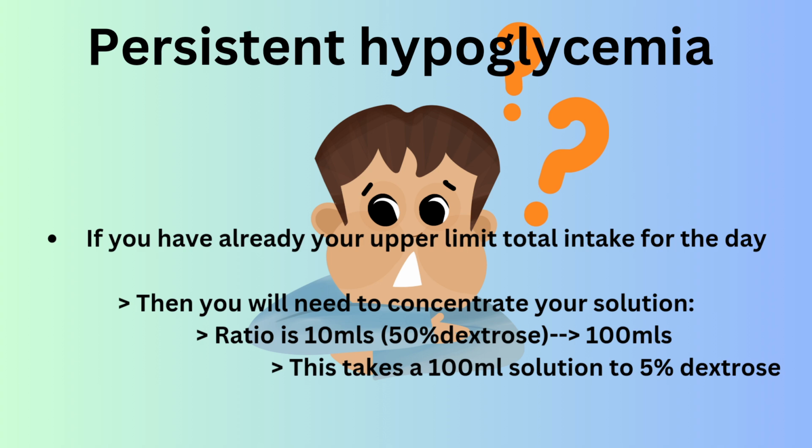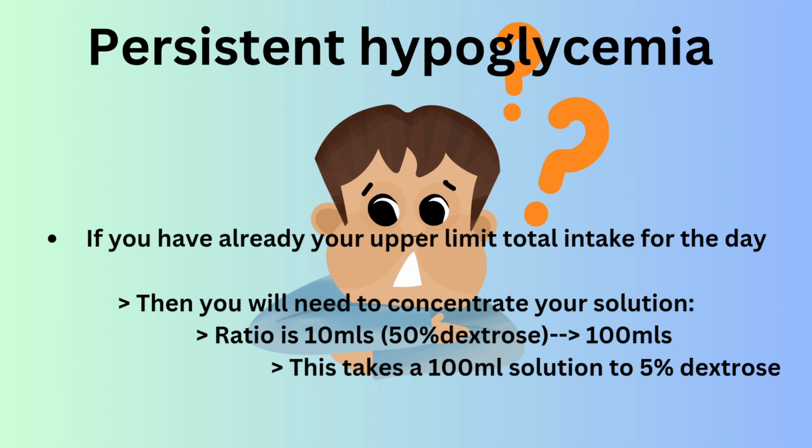So what you can do now is to concentrate your fluids. If it's a term baby who was feeding, it's easy to concentrate things like IV fluids. So you can do something like half feeds and half IV fluids, half Neolite, and then you can concentrate your Neolite. Instead of being 10%, you can initially make it at least 12.5% and later 15%, depending on whether your neonate is responding.